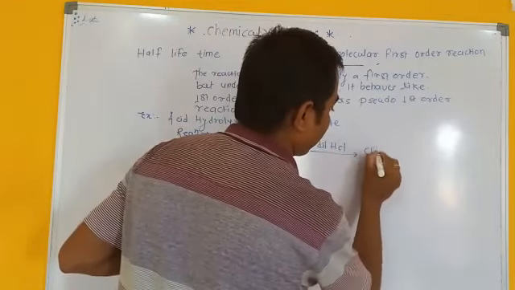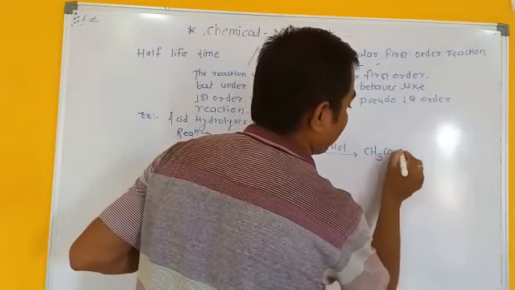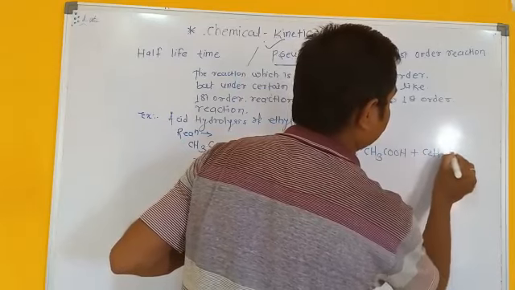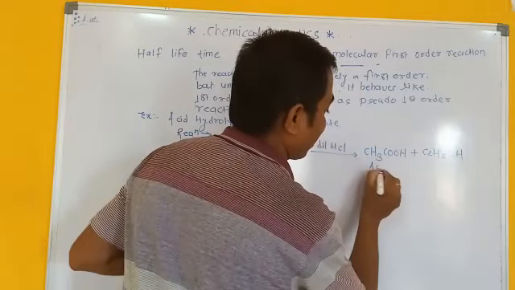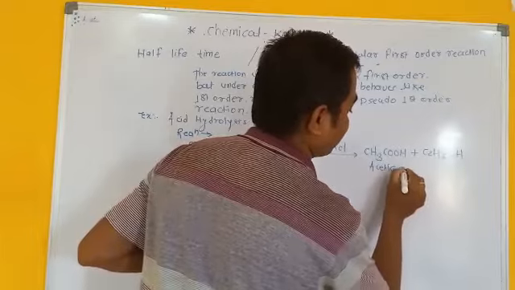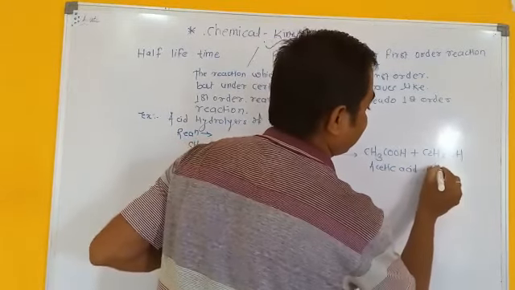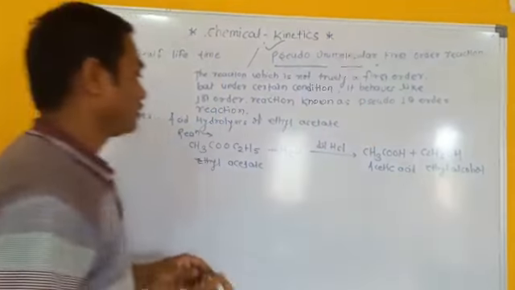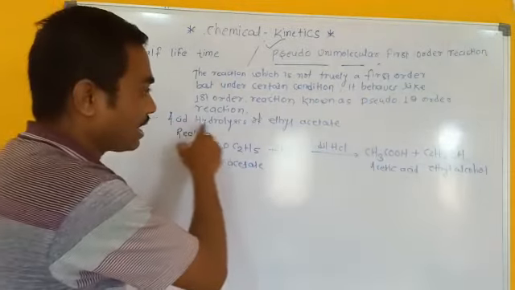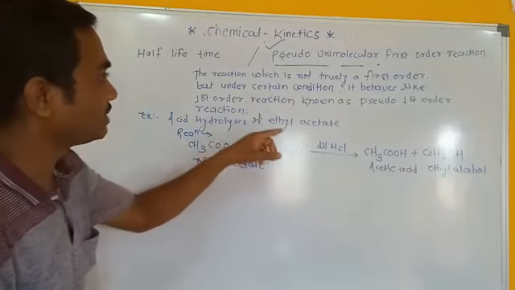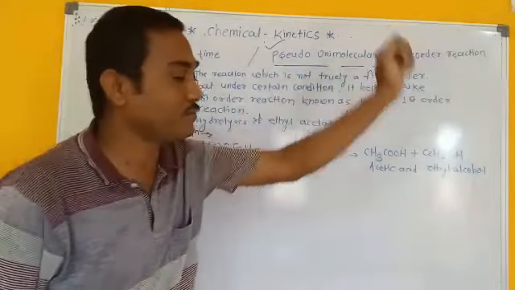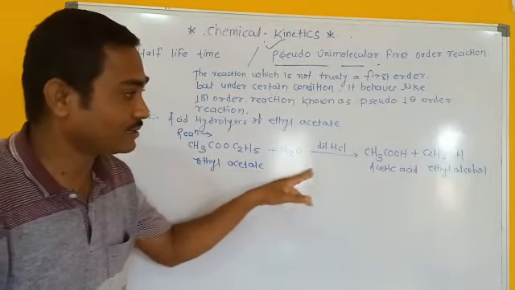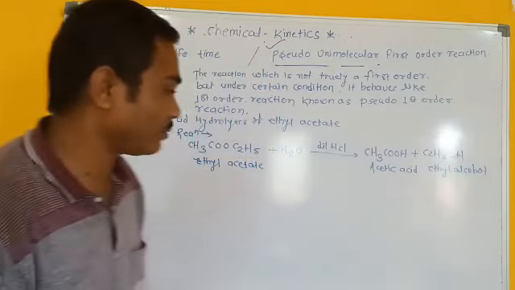The products obtained are CH3COOH plus C2H5OH, acetic acid and ethyl alcohol. Ethyl acetate plus water is converted into acetic acid and ethyl alcohol.